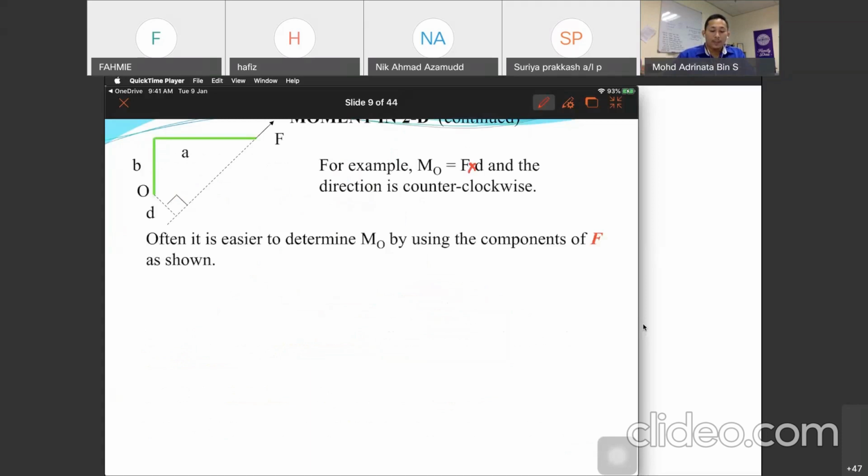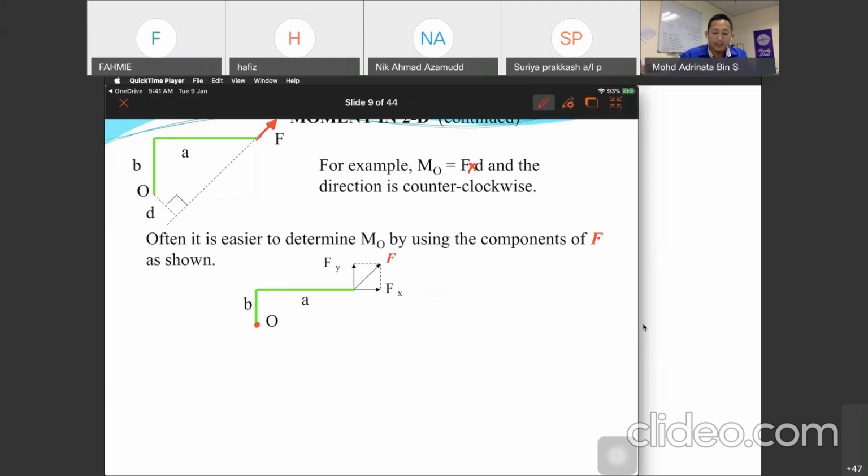Often, it is easier to determine moment by using the components of F as shown. So we have moment here. So that is our moment. And we have point O, our point of action.